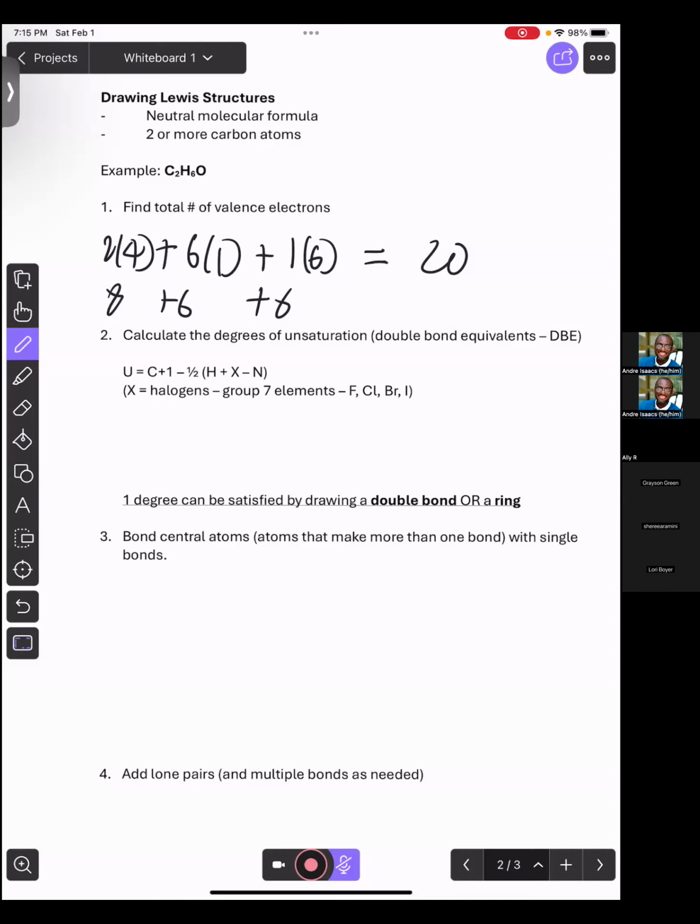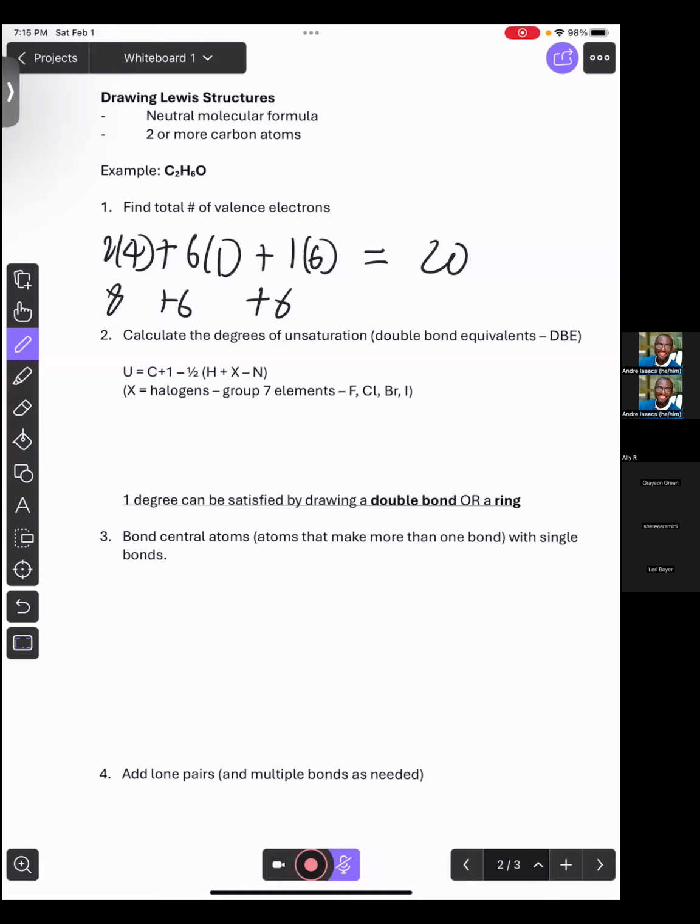So let's keep moving. This is a formula you will need to know. This is a very important formula. I'm going to explain what it means. When you draw a Lewis structure, if you're just going in cold, you don't know how many double bonds you have, how many triple bonds you have, etc. And if you just try to draw it, you're more than likely going to get into trouble.